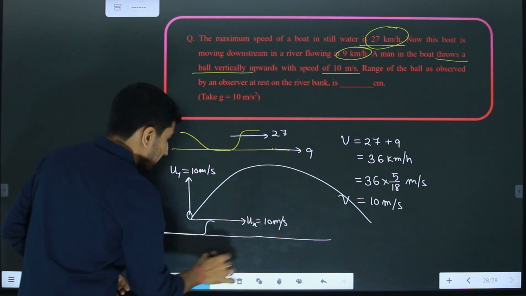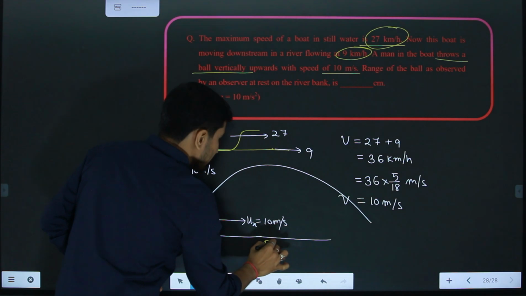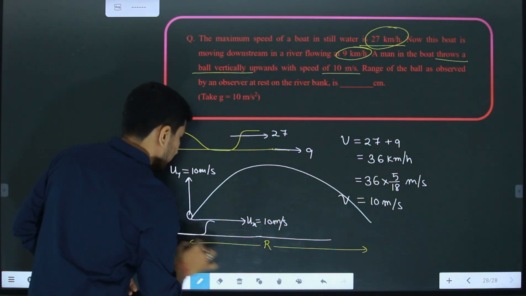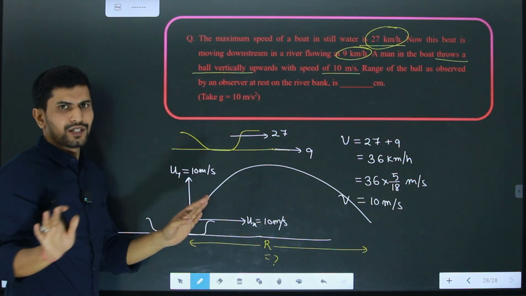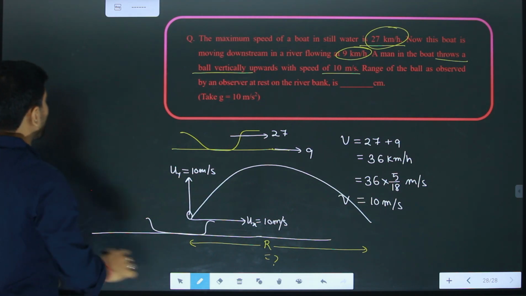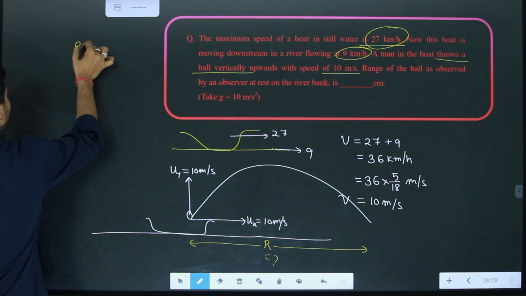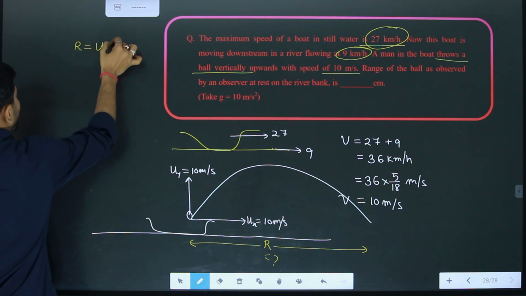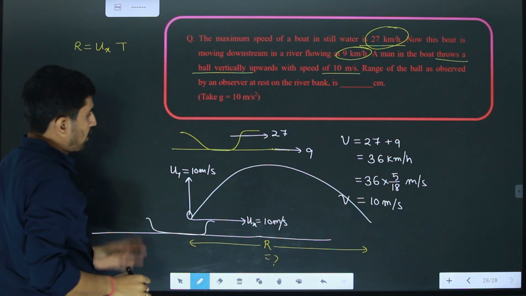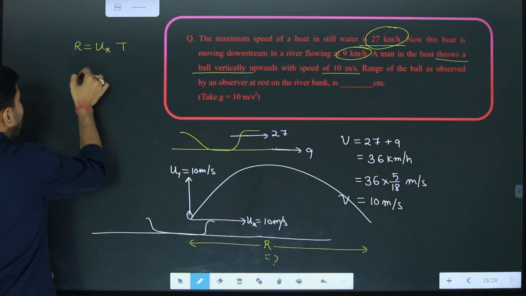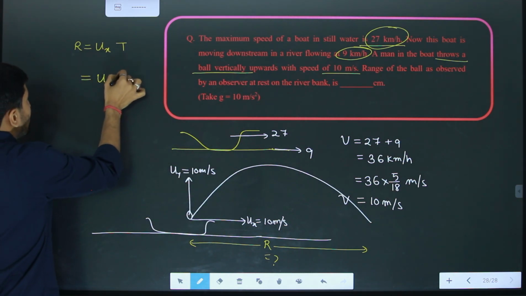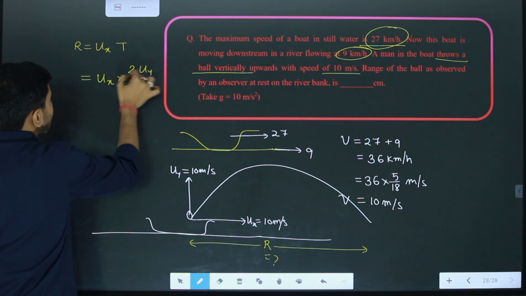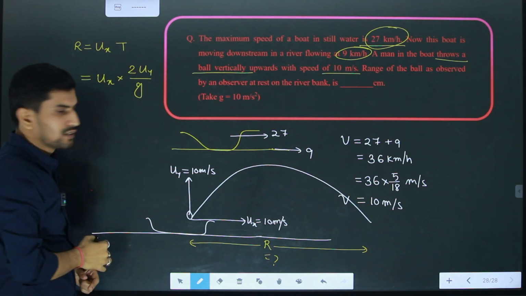And what is the range? The horizontal distance is called range. We have to calculate this range. So this is simply inclined projectile or oblique projectile. Tell me what is the range? The range is equal to horizontal speed multiplied by time of flight. In case of inclined projectile, the time of flight is 2 times the vertical speed divided by acceleration due to gravity.